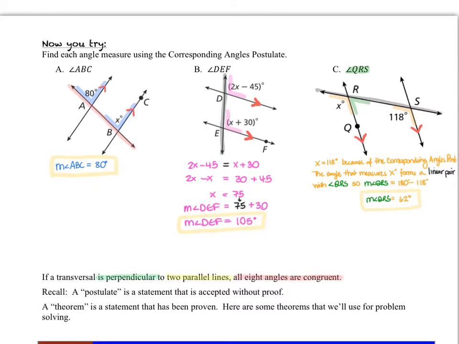So what that would look like is if we have two parallel lines, and remember we're going to mark it with this, so parallel lines, and we have a transversal going through them perpendicularly, then what that means is all 8 of the angles formed, and that's 1, 2, 3, 4, 5, 6, 7, and 8. All of those are going to measure 90 degrees.